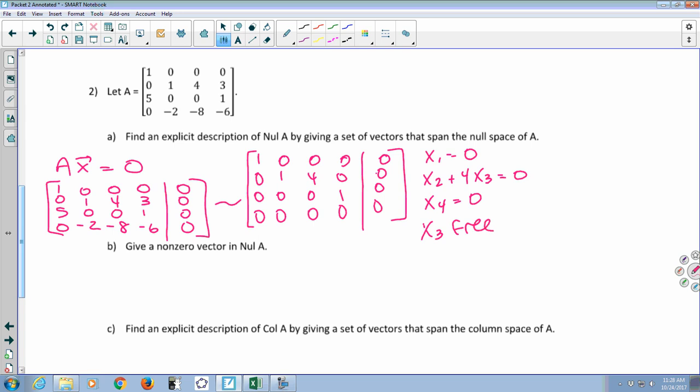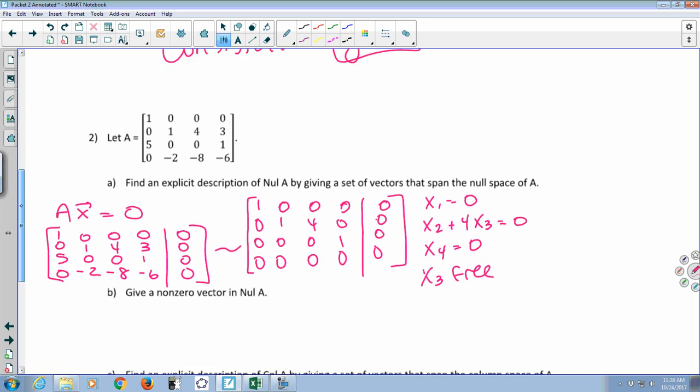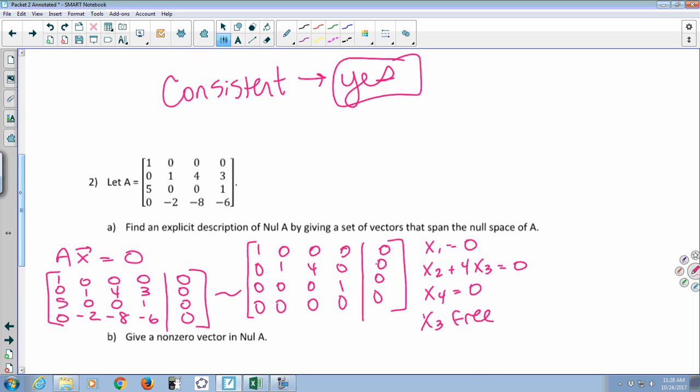So this describes my solutions, but they asked me to write it in a very specific way. We want to give a set of vectors that spans the null space. So I'm going to write this in parametric vector form, and then translate that to a sentence using the word span. Parametric vector form means writing my solutions, x1 through x4.